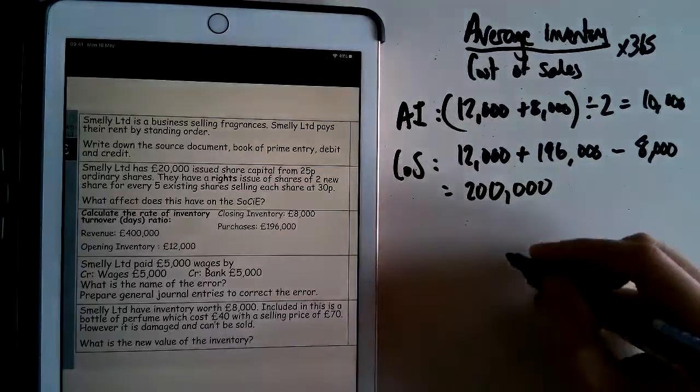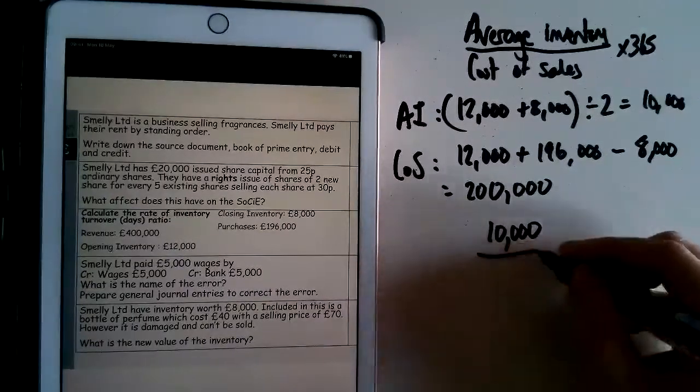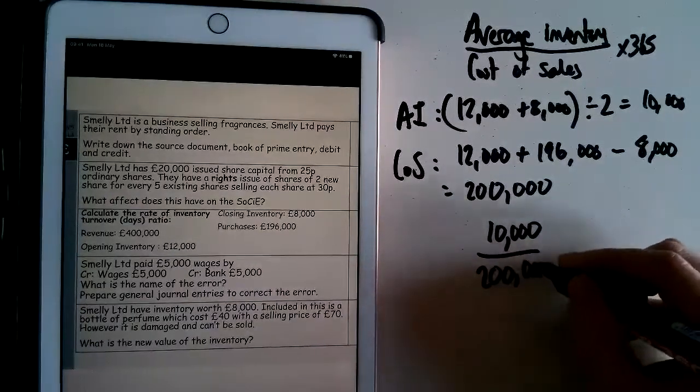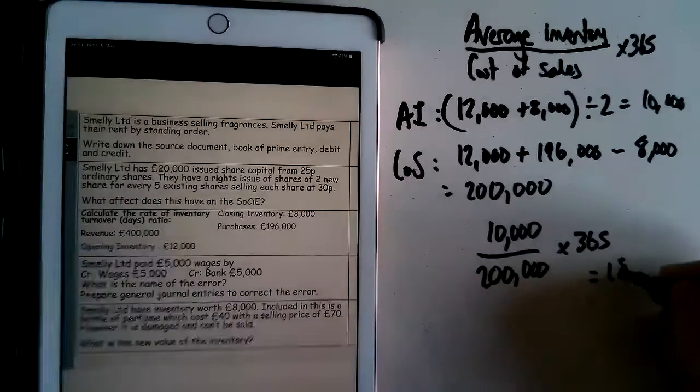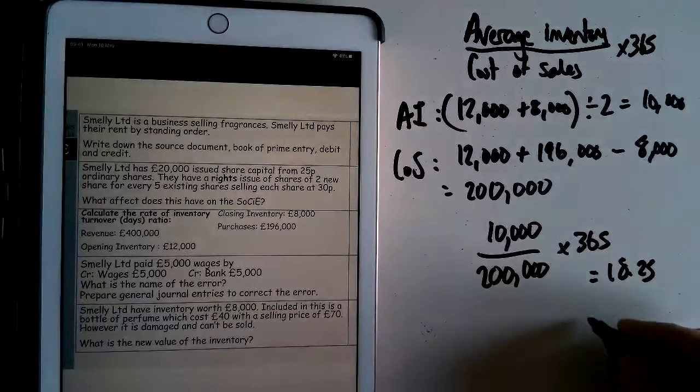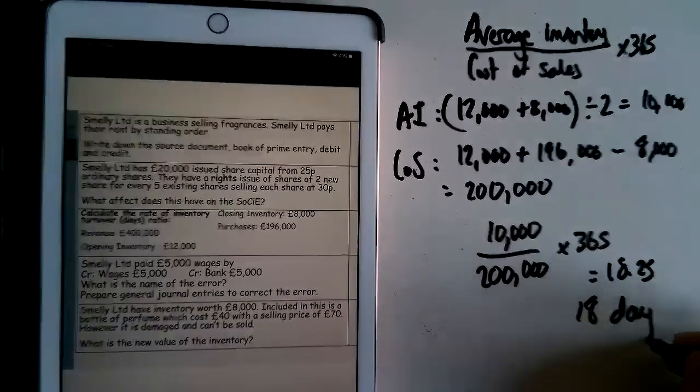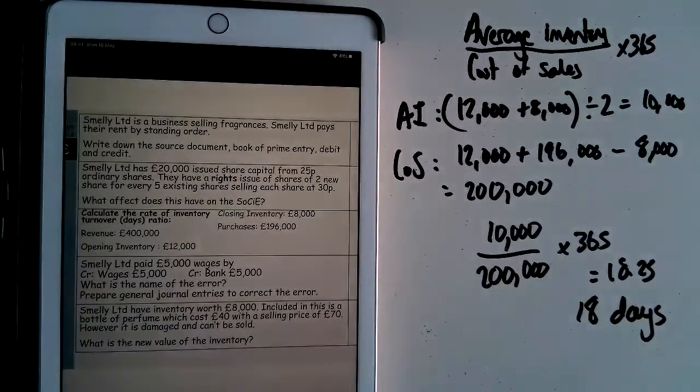So stick it into the formula. So 10,000 divided by 200,000 times 365 gives me 18.65. So we round that to the nearest day, so 18 days. So on average, we're selling our stock every 18 days.